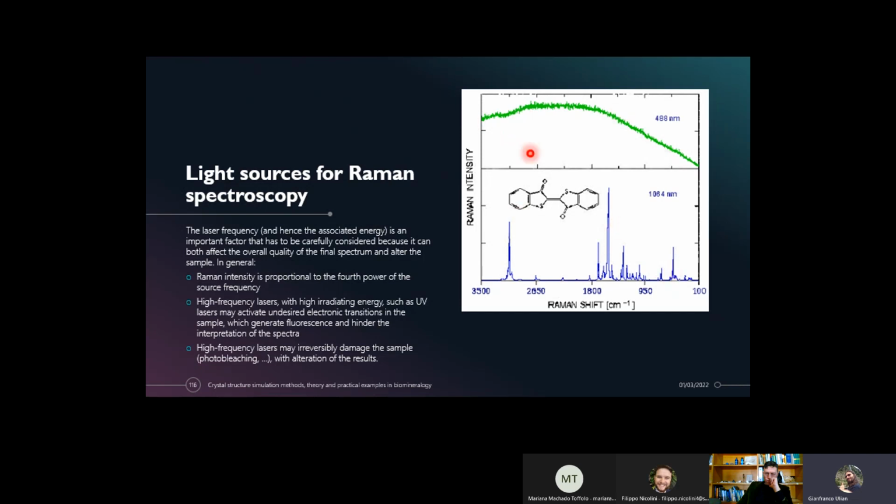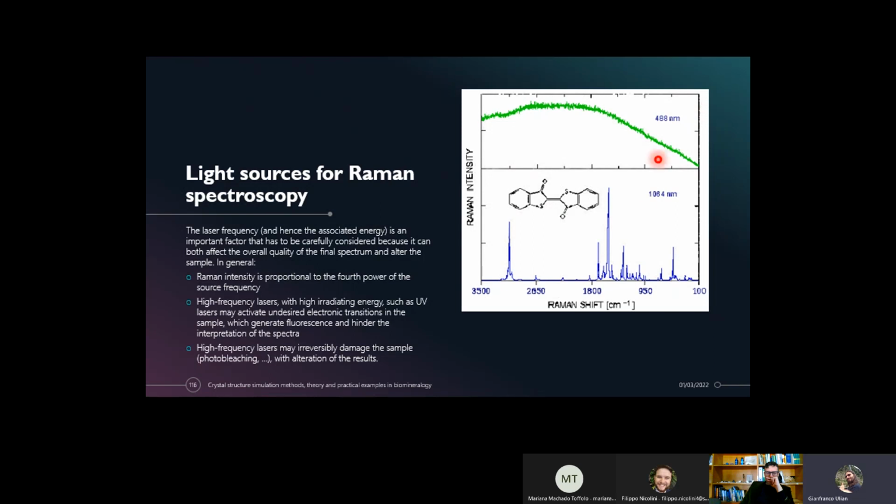For example, this is indigo, an organic pigment that we want to analyze by Raman spectroscopy. If I use a blue laser, if I remember well, I obtain this kind of signal. I see nothing. This is fluorescence. I have no information on my sample, and I may also damage it.